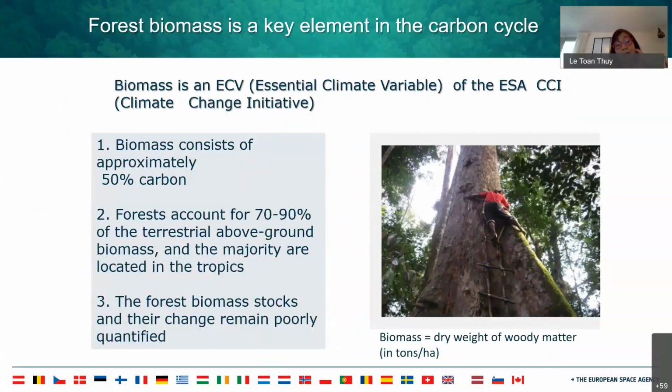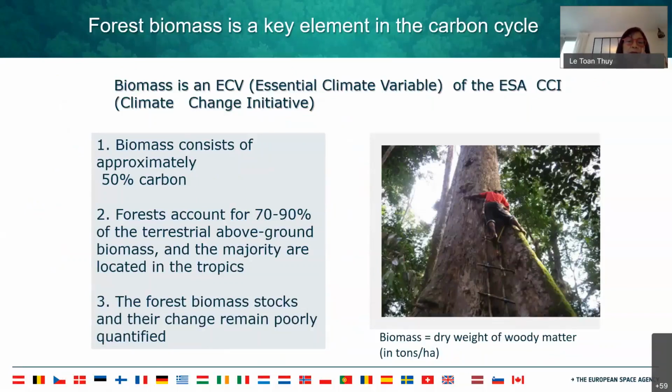Okay, and now a bit about forest biomass. As Clément said, it is a key element in the carbon cycle. It is an essential climate variable of the ESA CCI Biomass. CCI is the Climate Change Initiative.